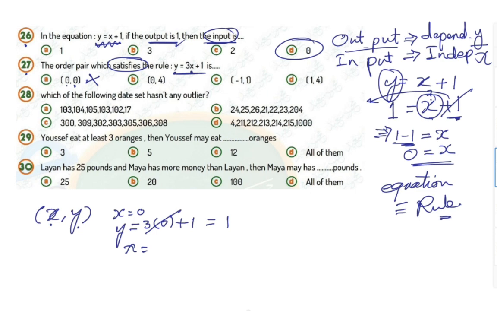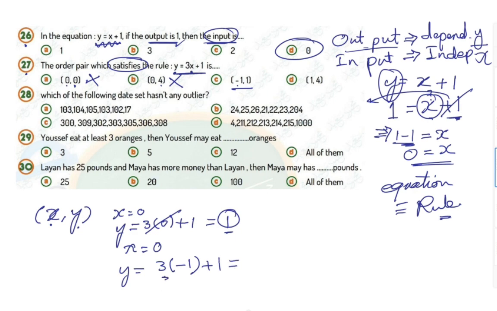I have x here equals 0, and we tried it, we found y equals 1. Is this 1? No. False. Try the next one. Here x equals minus 1. So y equals 3 by x, and x here is minus 1, plus 1.